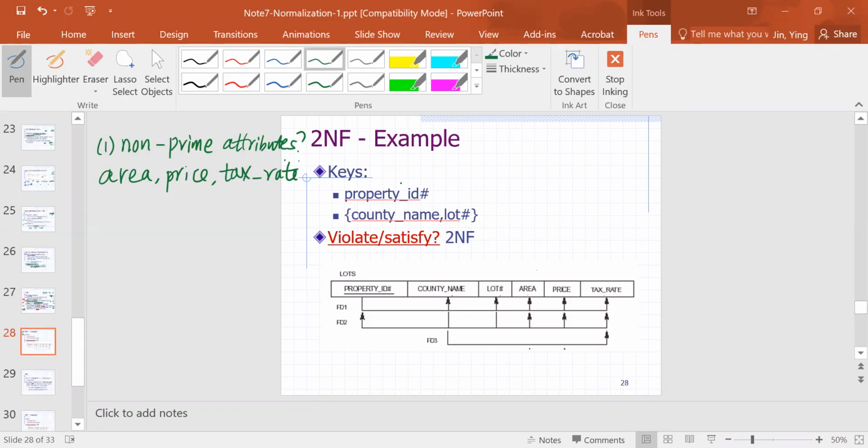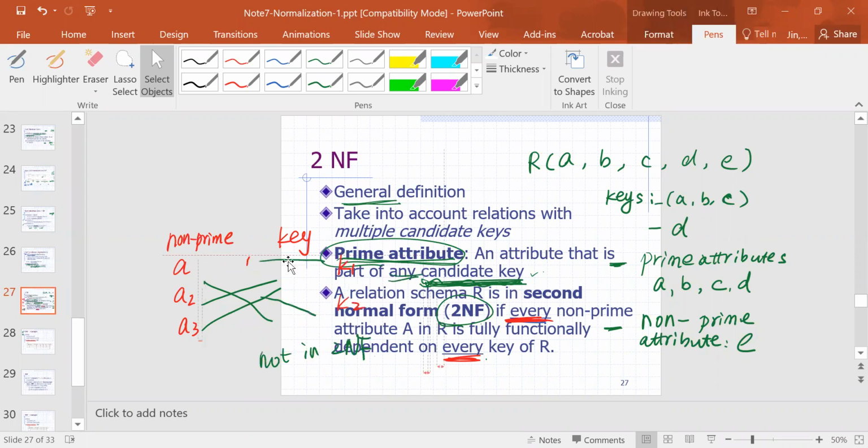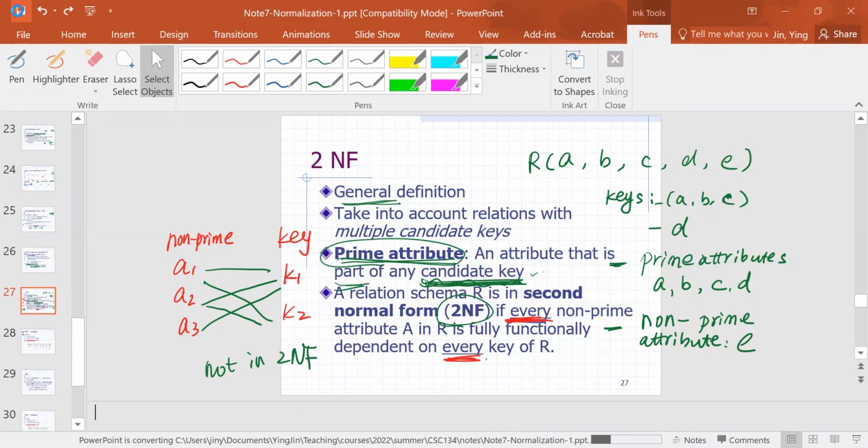So we know the keys already, right? And we know the non-prime. The next thing we need to do is this one. We want to see whether every non-prime is fully dependent on every key or not.